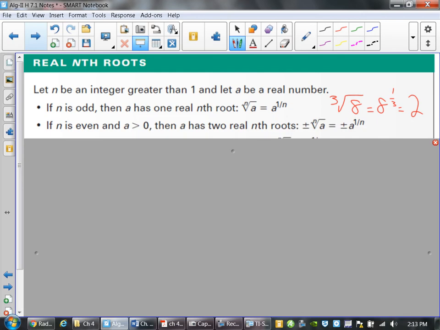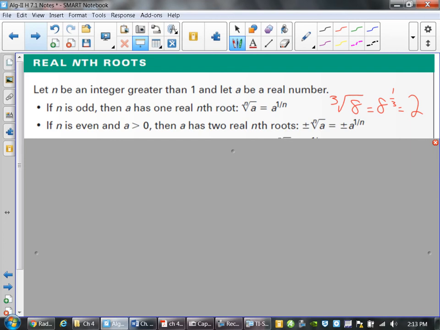Next one we look at here: if n is even, this is when you have to worry about the plus or minus. So if you're taking a square root over an equal sign, or a fourth root over an equal sign, and so on, and you knew this rule from a long time ago, anytime you have a square root over an equal sign, when you solve that out, you have to write plus or minus.